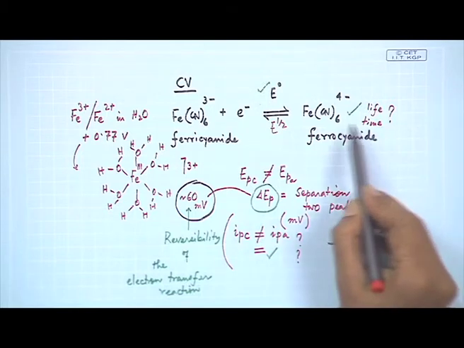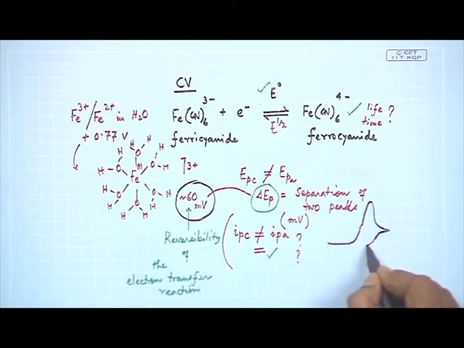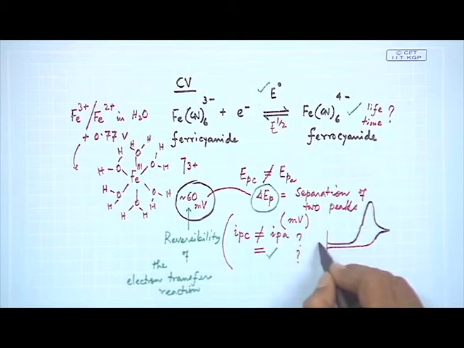If the lifetime on the electrode surface is not much, instead of getting the whole cyclic process, your voltammogram can look like this. This is your starting potential.